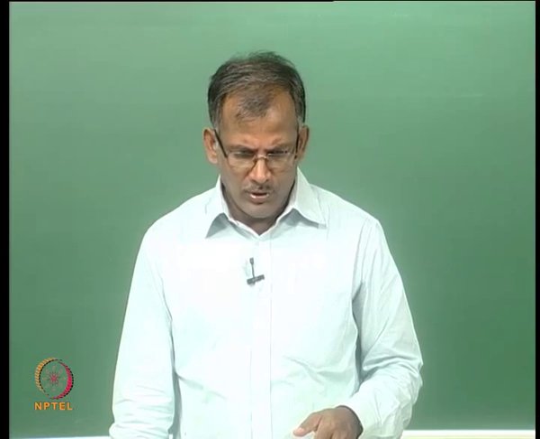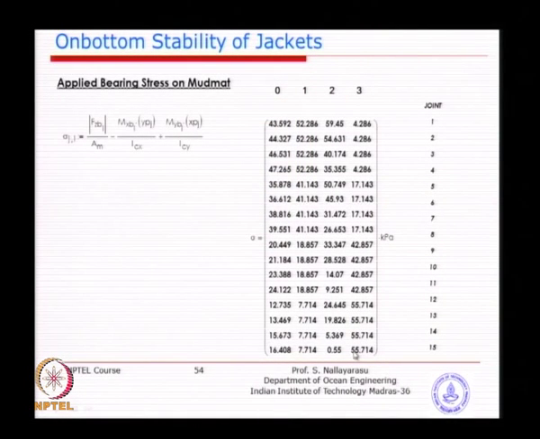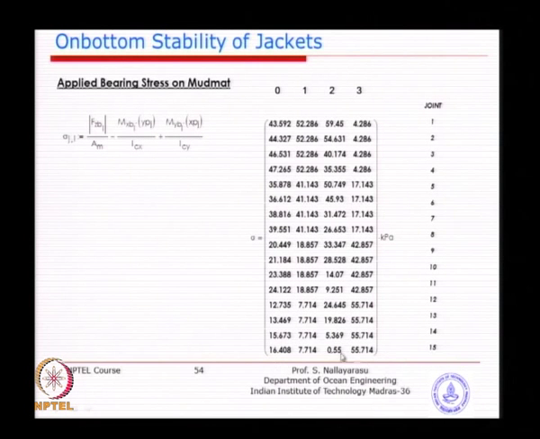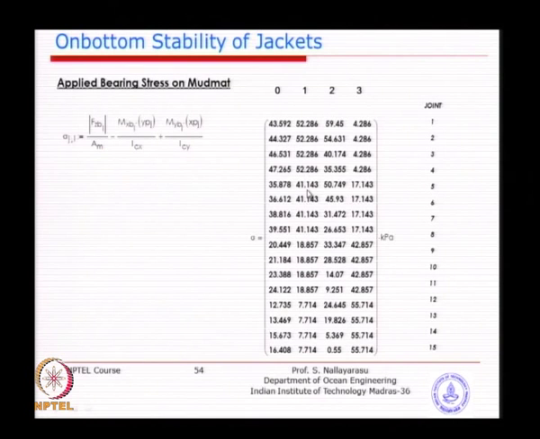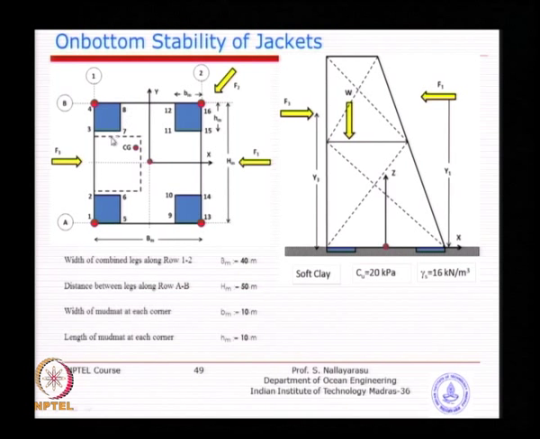Just look around and you can see one of them is going to be maximum, maybe 55, I think 55 is the maximum at point number 15, and 43. So, what we are looking at in this diagram is where the maximum pressure occurs, whether it is 15 or I think 4, and we take that and compare it with the ultimate bearing capacity.